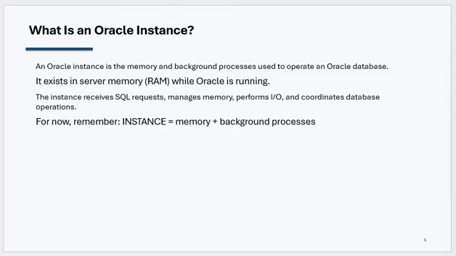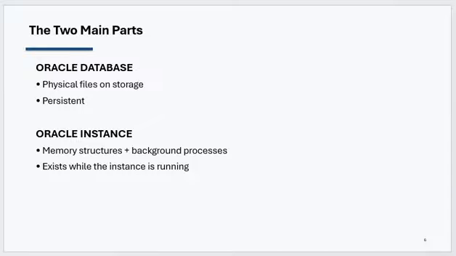It receives requests from the users and applications. It manages memory. It performs database operations. It reads and writes back to the database, and it coordinates many internal Oracle activities. So remember this simple definition: Oracle instance equals memory plus background processes.